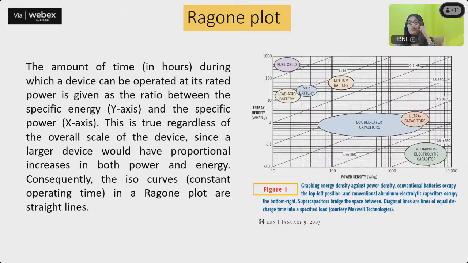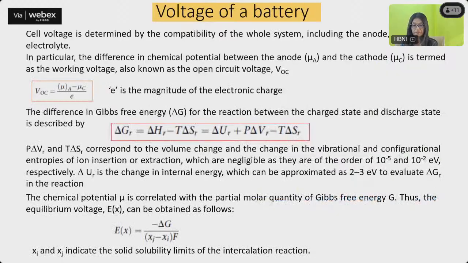The amount of time for which it can deliver that energy is given in all these slanting lines. So by the placement of these various storage technologies in the Ragone plot, you can find out which is going to be the most useful for whatever application you are planning to use it for.